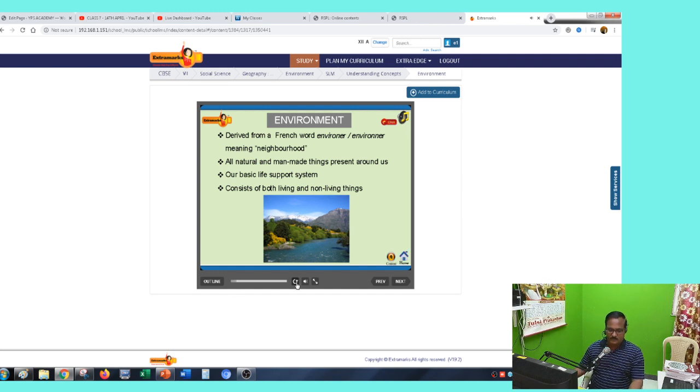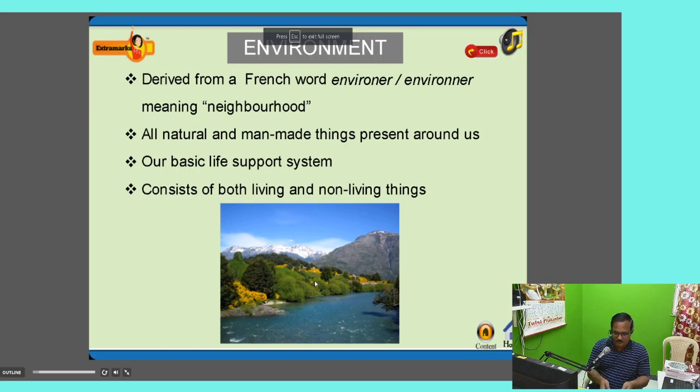Environment. The word environment is derived from a French word environner, meaning neighborhood. All natural and man-made things present around us are a part of our environment.